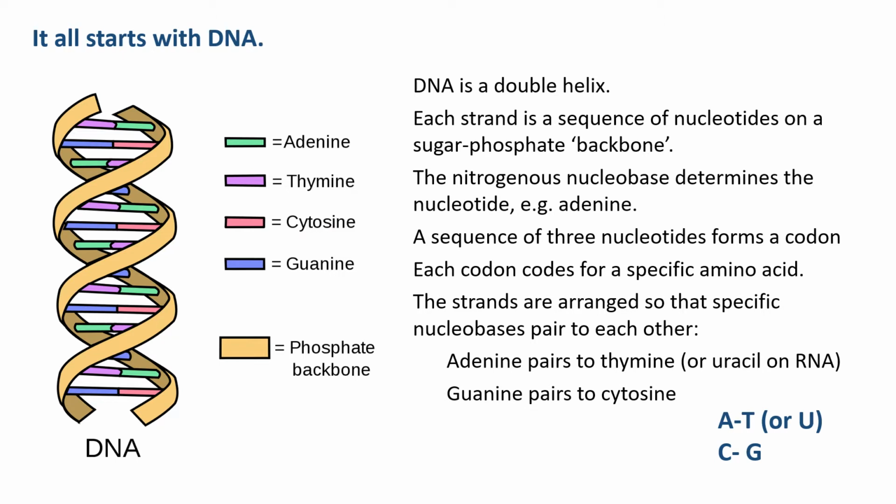So it's A to T or U and C to G. Easy way to remember this, I always think, is A and T are both spiky letters, and C and G are big curly roundy letters. So A to T, C to G. Adenine to thymine or uracil, guanine to cytosine, and of course vice versa. Thymine pairs to adenine, cytosine pairs to guanine.